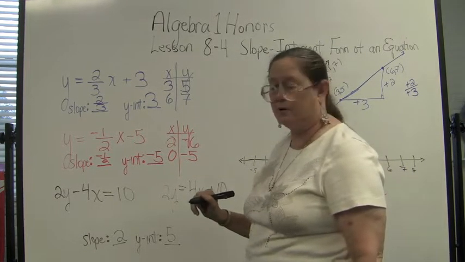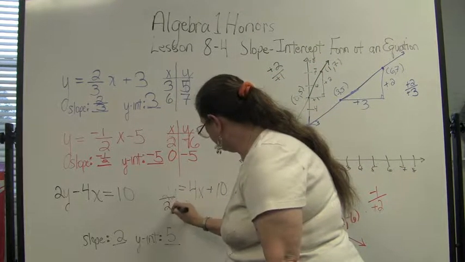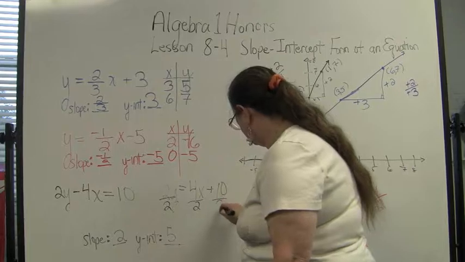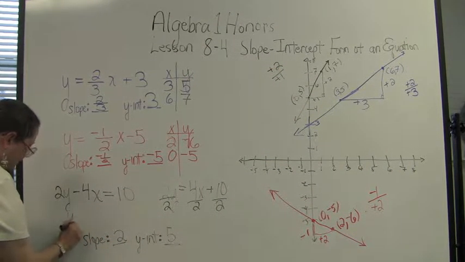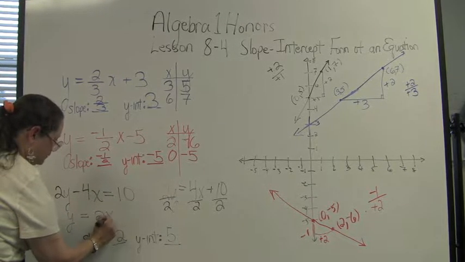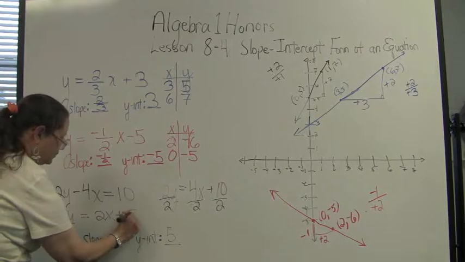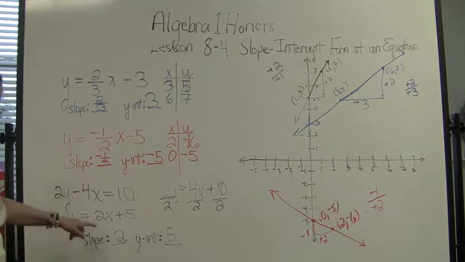Now I'm still not quite in the right format because I want 1y, not 2. So we divide everything by 2. And then we get y equals 2x plus 5. Oh, happy day, happy day.